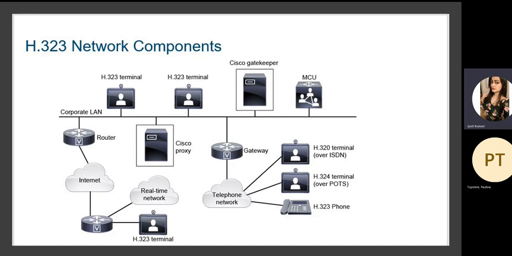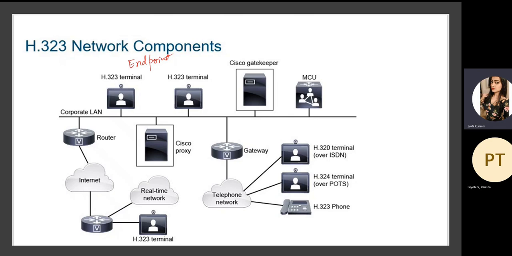We will see some components here. So H323 network components are these. An H323 network can have an H323 terminal. Terminal means the H323 endpoints. There is Cisco gatekeeper. Cisco gatekeeper means the one that is using the information to send to the gateway, right?